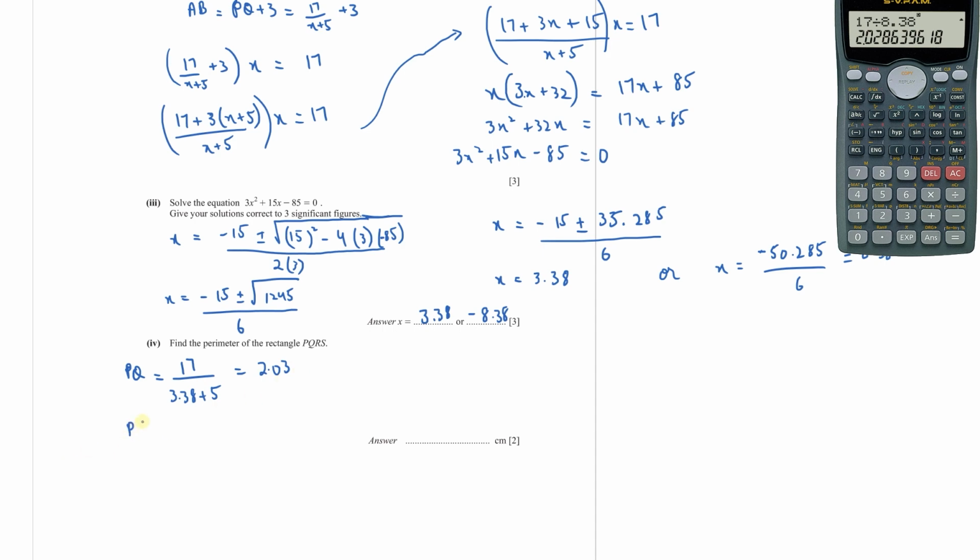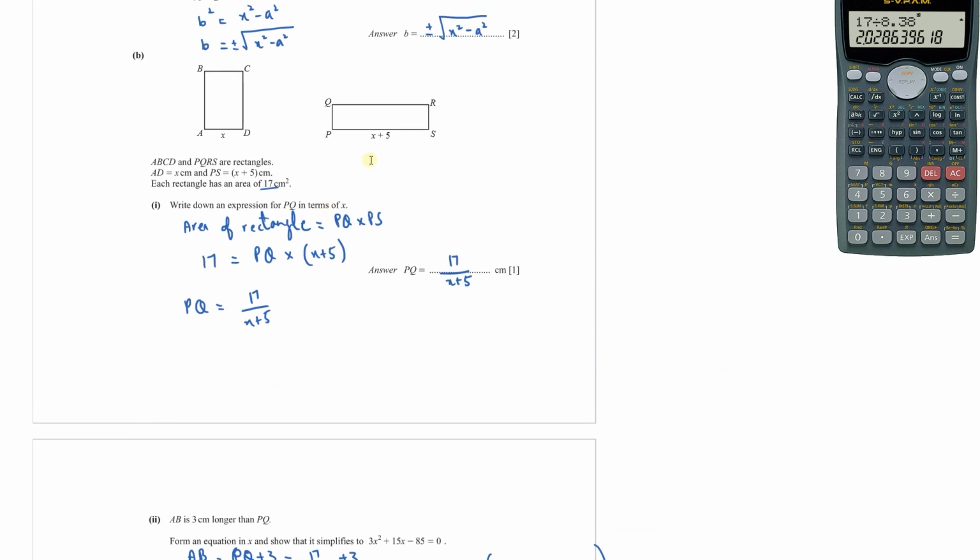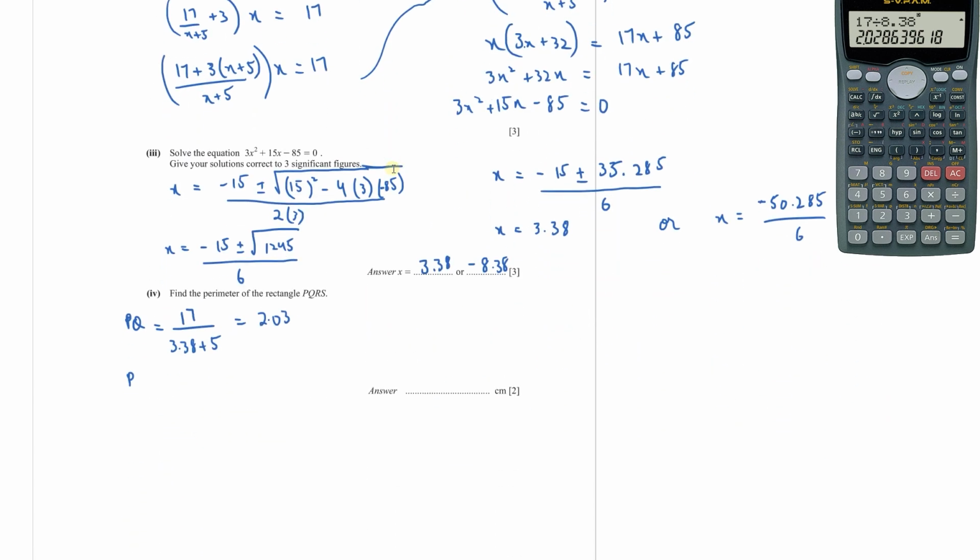And the other length PS is x plus 5, which is 3.38 plus 5, which is 8.38. So your perimeter will simply be 2 into length plus width, which is 8.38 plus 2.03.